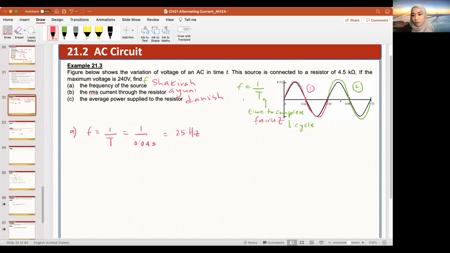Okay, kalau saya tukar value ni kepada 10 second, adakah frekuensi saya berubah?